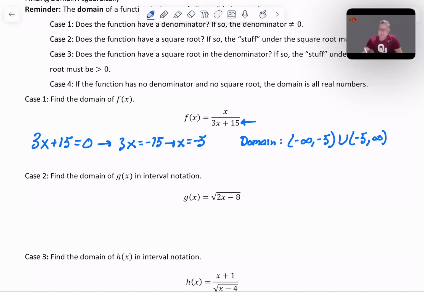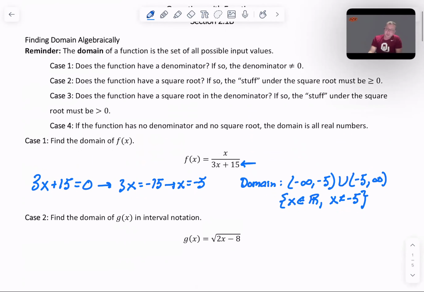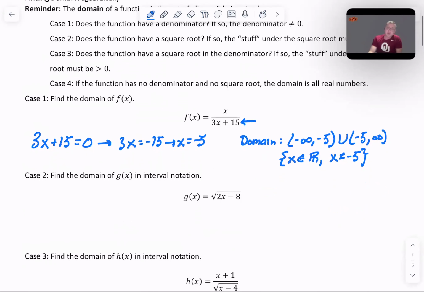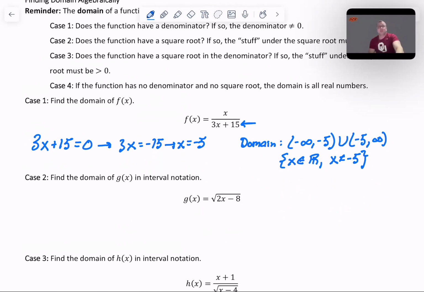Another way you could say this is just the set of x in R, where x is a real number and x is not equal to negative 5. The one I like to use is the top one. But the domain is just the places we have, excluding negative 5, right? Everyone okay with how that one is? That one's simple. Just set the denominator equal to 0 and then exclude the point where it equals 0.